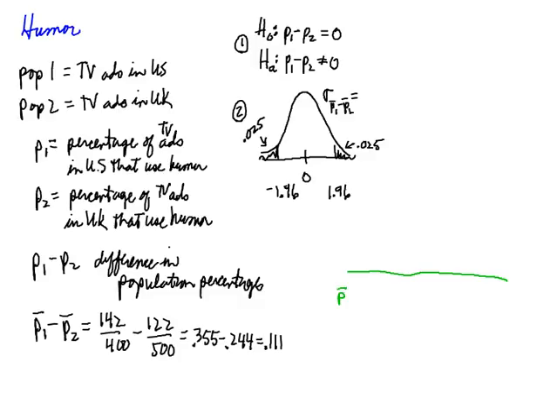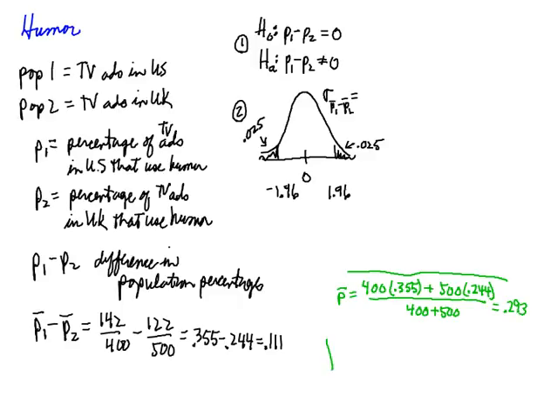I need to calculate a pooled percentage, which is basically a weighted average. The sample taken in the United States and the sample taken in the United Kingdom, I'm going to average those 2. And I get 0.293.